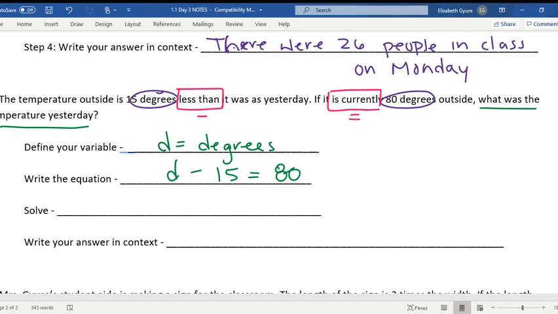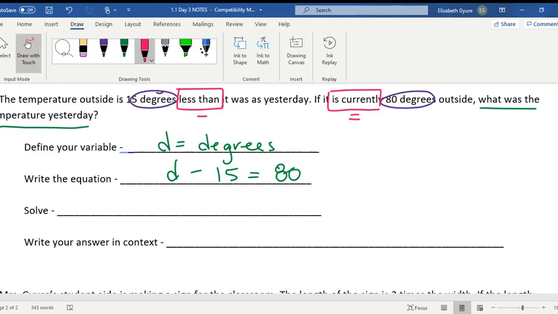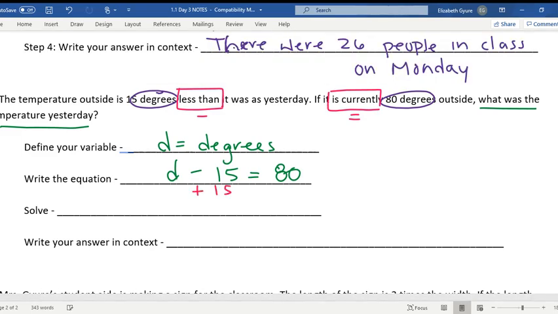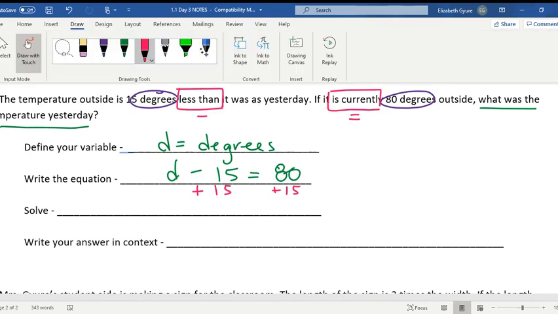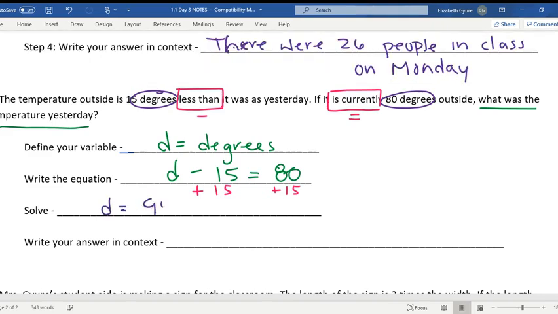Okay. So what could I now do to solve? Dallas. Yeah, add 15 to both sides. And what was our past temperature then? Dallas? D equals 95 degrees. And how could I write that in a sentence?